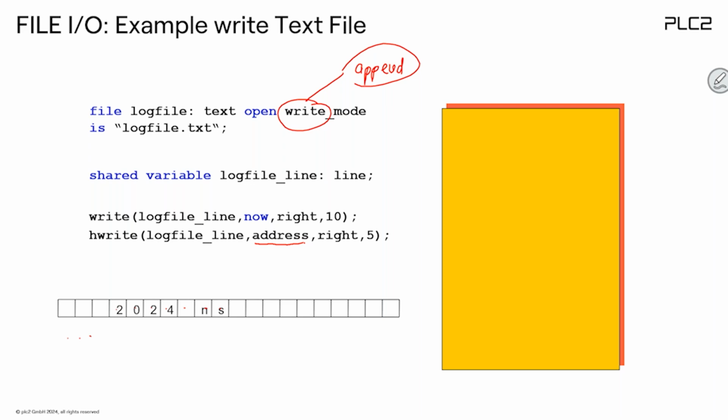In this case, the size of the address bus would be 16-bit, because I'm using H write, and now the value would be written here.